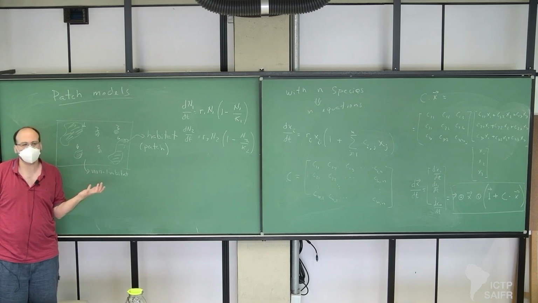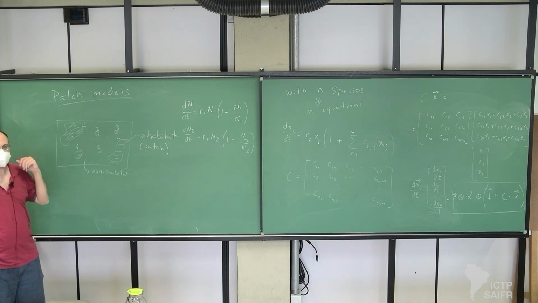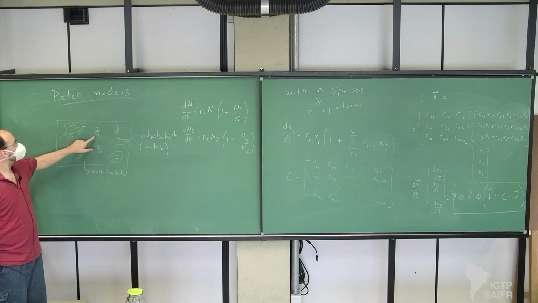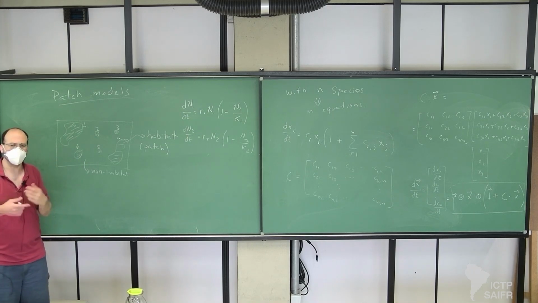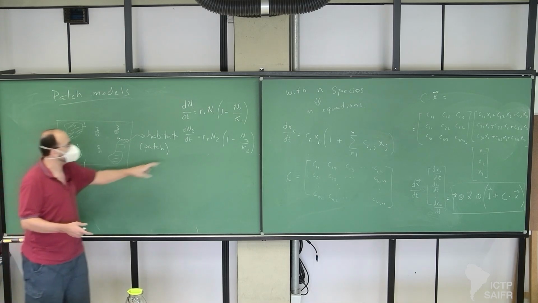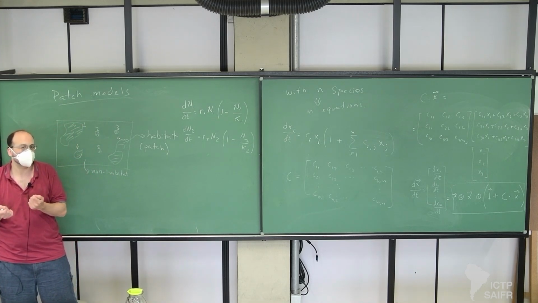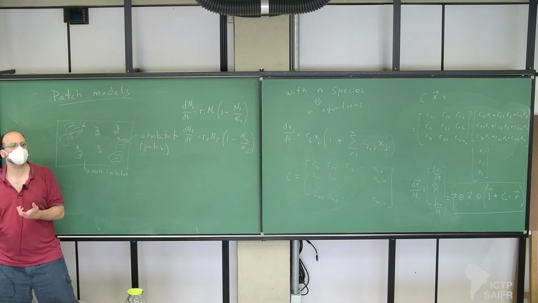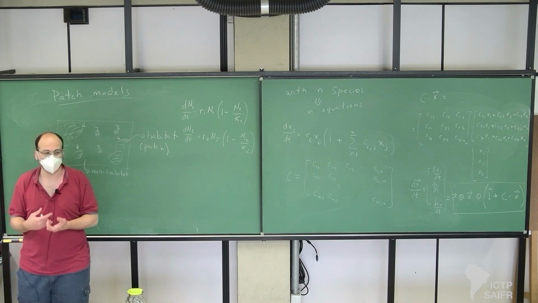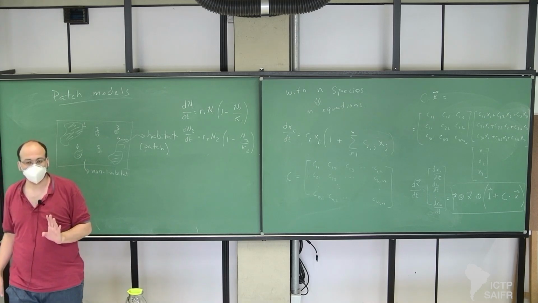Perhaps yes, perhaps no. Maybe the patches are also slightly different. Maybe this patch is smaller, but it's also a little degraded, less productive, and maybe even the population growth is smaller here. So there would be other differences apart from area itself. So the parameters of each patch would be different from each other, okay?